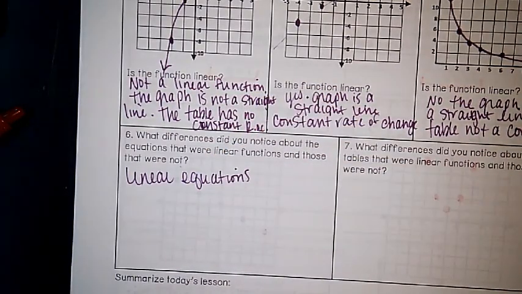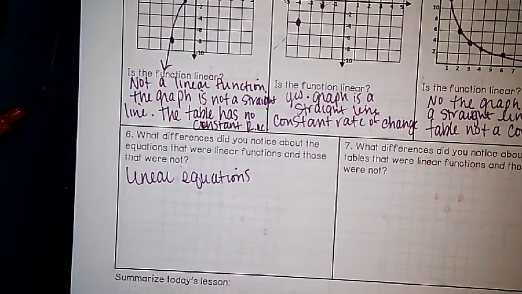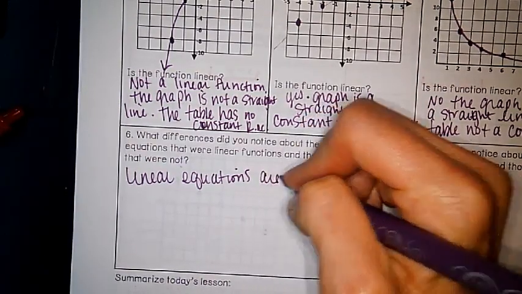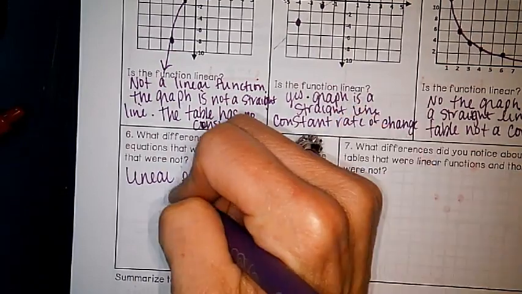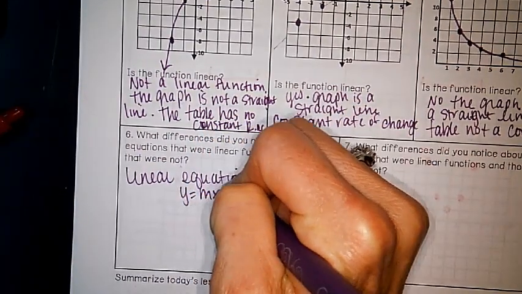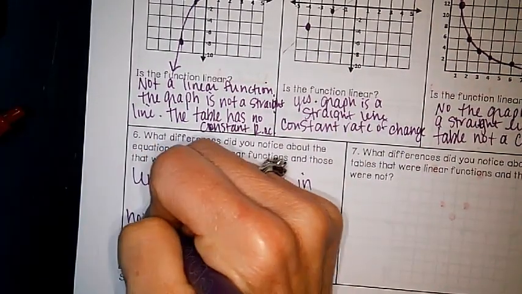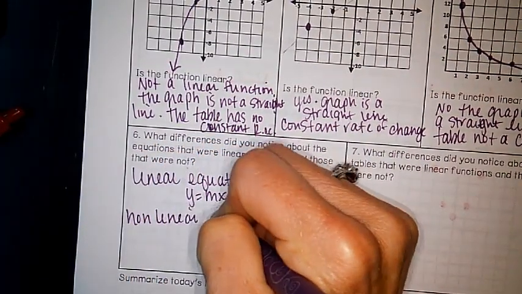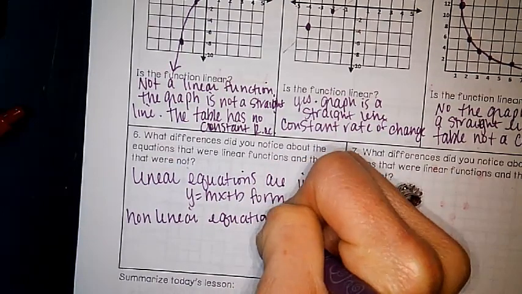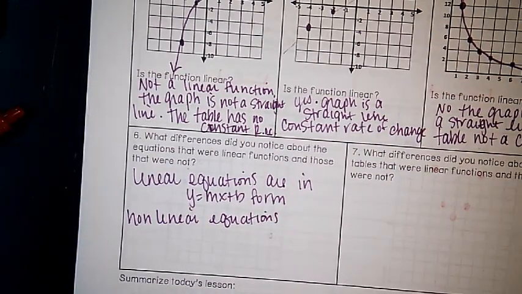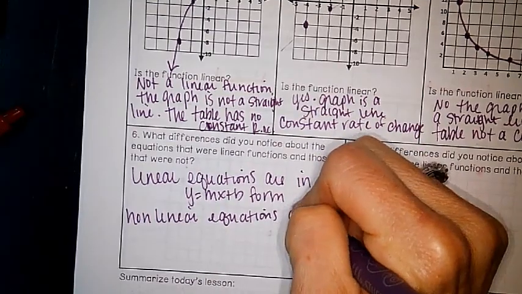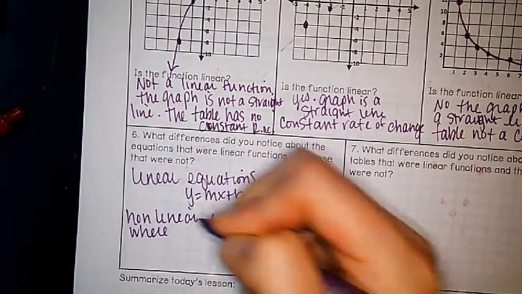They have a y-intercept, but what form are they in? Linear equations are in y equals mx plus b form. Non-linear equations are what? Wonderful. Let's go into a little bit more detail.